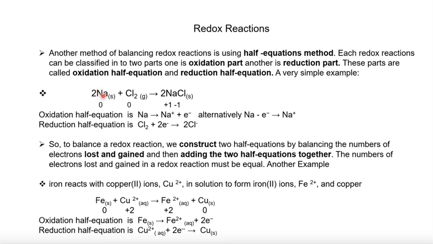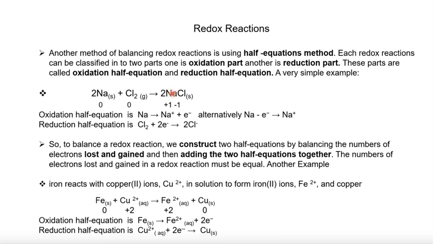We can see sodium here has oxidation state 0. We said elemental form is always 0 oxidation state. Chlorine, molecular chlorine, also has oxidation state 0. Now we go to the product and see the oxidation states. We said a group 1 element is always +1 oxidation state.